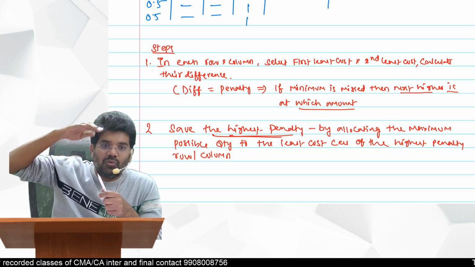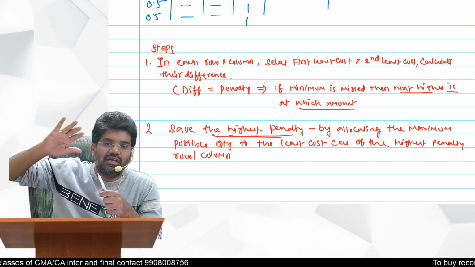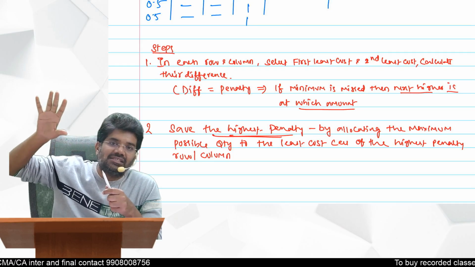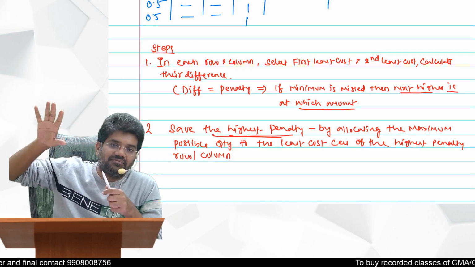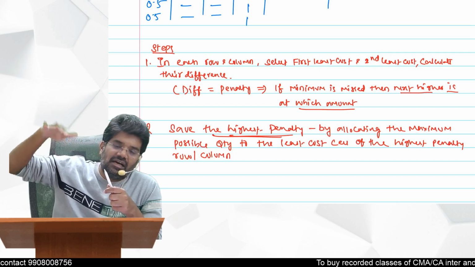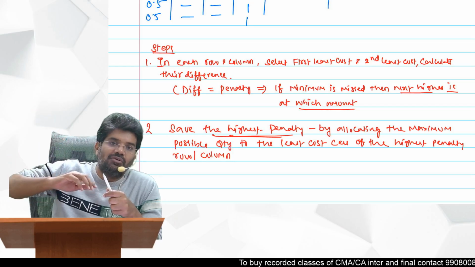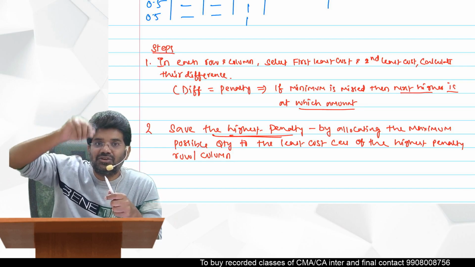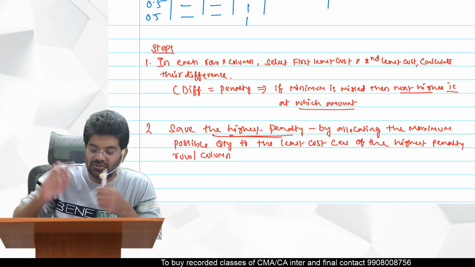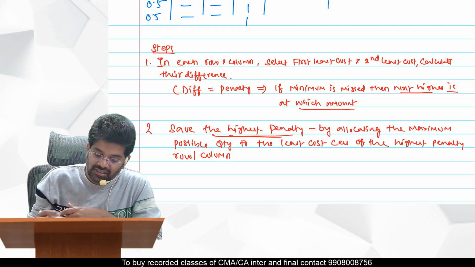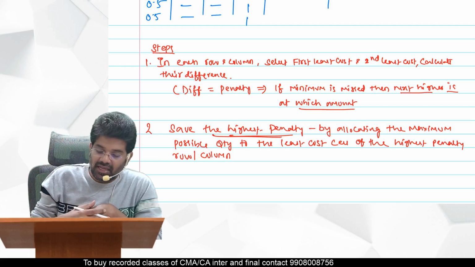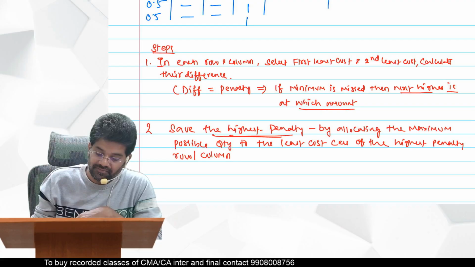Now I want to ensure that my penalty is not maximum, so that I would like to save. To save that, I select the least cost and allocate the maximum quantity. That is the logic of why we select the highest penalty and give to the least cost.